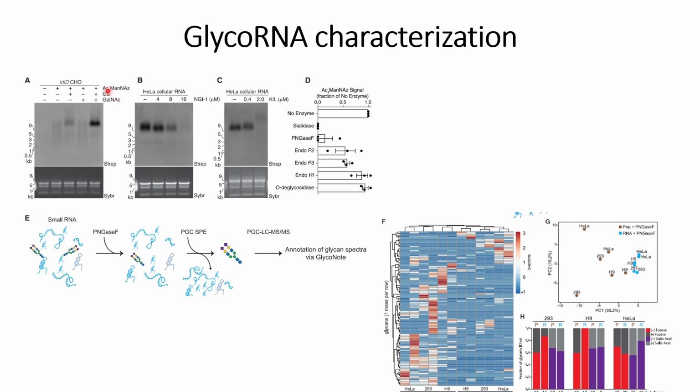So how they begin their analysis is that first they used a cell line, that is ldlD CHO. The specialty of this cell line is that it inhibits the interconversion of UDP-galactose and UDP-GlcNAc to UDP-GalNAc, and UDP-Glc to UDP-galactose.